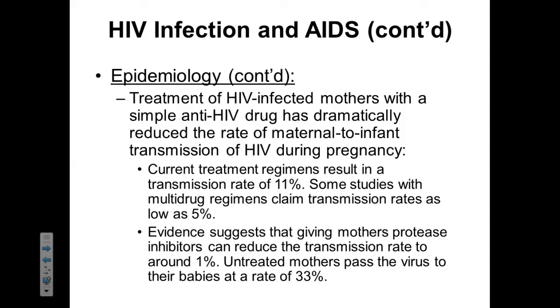Based on the current regimens, the transmission rate from mom to child is approximately 11%. Some studies that have involved multiple drugs being prescribed at the same time have gotten this number down to as low as 5%. That's good news. Right now, the best way to combat HIV AIDS is to prevent new infections from occurring.